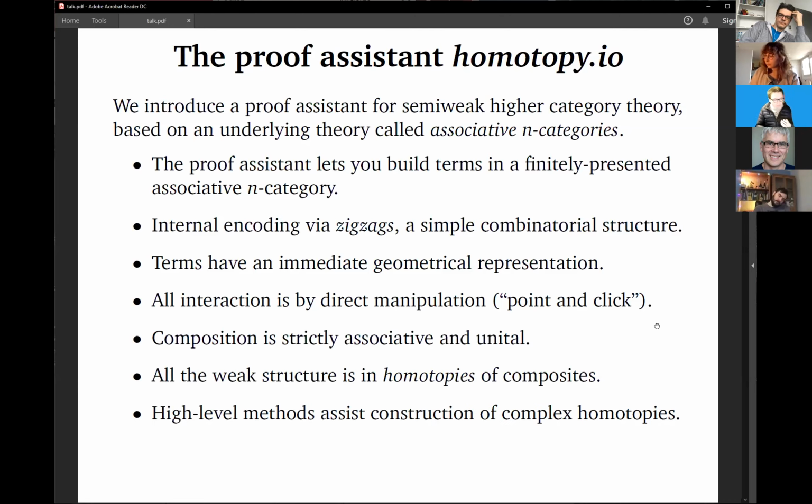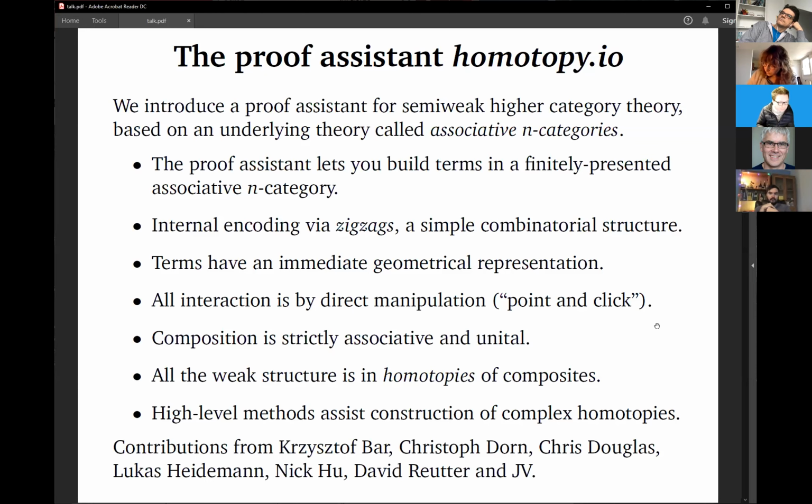So then we have this proof assistant, which can in principle encode, we would conjecture, arbitrarily complex homotopies, but that's no good if you can't construct those homotopies. So the system has high-level methods, which we'll see in action later, that let us, for example, primarily take this large contractible region of our geometry and contract it. So it has a notion of contraction, which we'll see is very powerful.